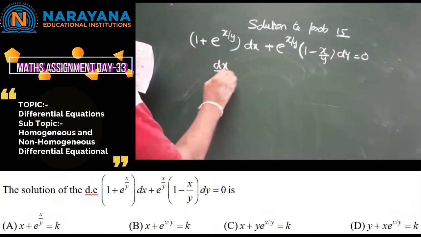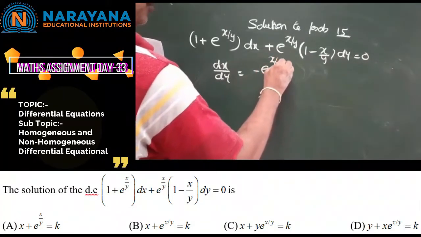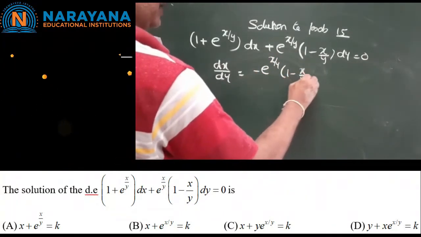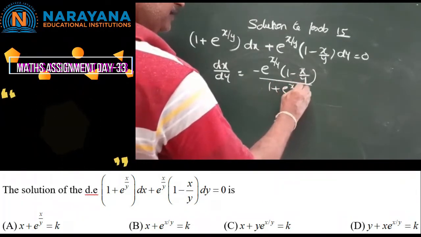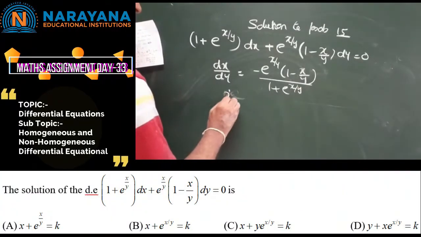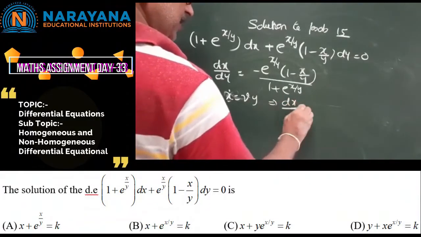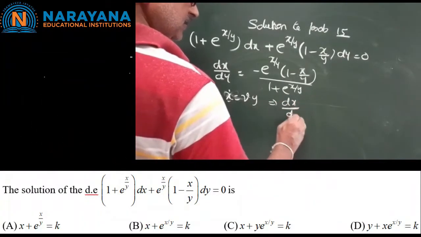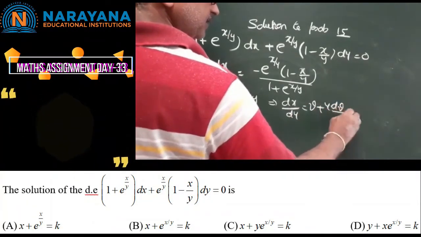So dx by dy is equal to minus e power x by y into (1 minus x by y) divided by (1 plus e power x by y). Put x is equal to vy, which implies dx by dy equal to v plus y dv by dy.